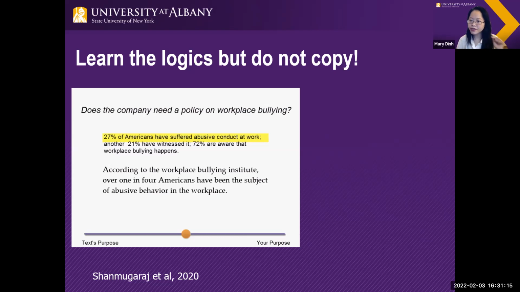What do you think about this paraphrase? Is this good enough to you? Or is it like plagiarism, or is it okay? What is the paraphrase paragraph? The second one? Yeah.